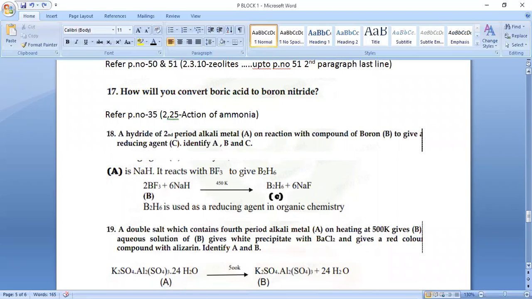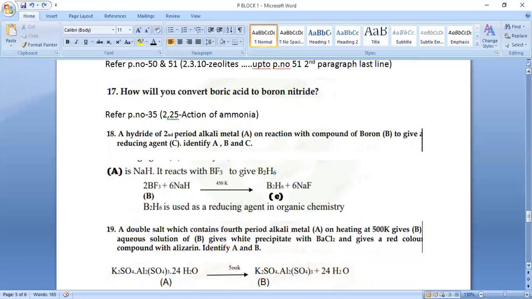Next, question number 19. A double salt which contains a fourth period alkali metal A, on heating at 500 Kelvin, gives compound B. Compound B in aqueous solution gives a white precipitate with barium chloride and gives a red colored compound with alizarin.